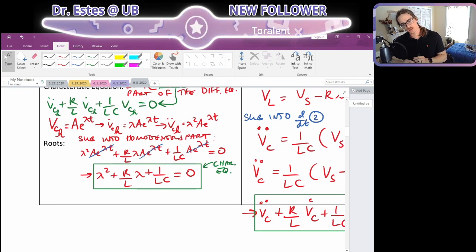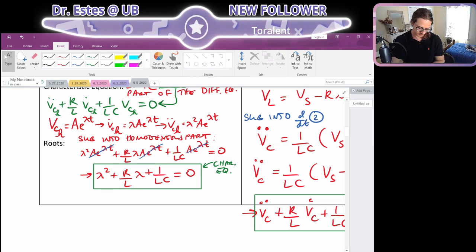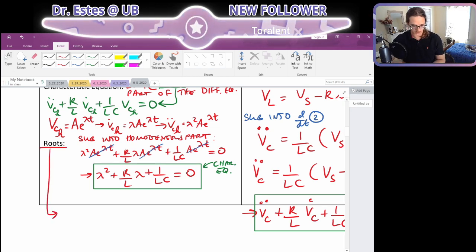This circuit is interesting because depending on the resistance, inductance, capacitance, whatever, you can get the whole gamut of different types of roots, which we'll see on the next page. But let's solve for the roots here using the quadratic formula.